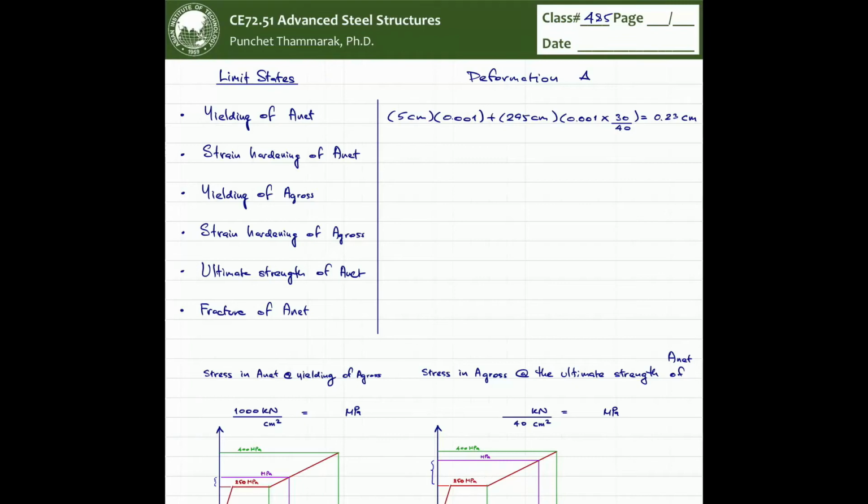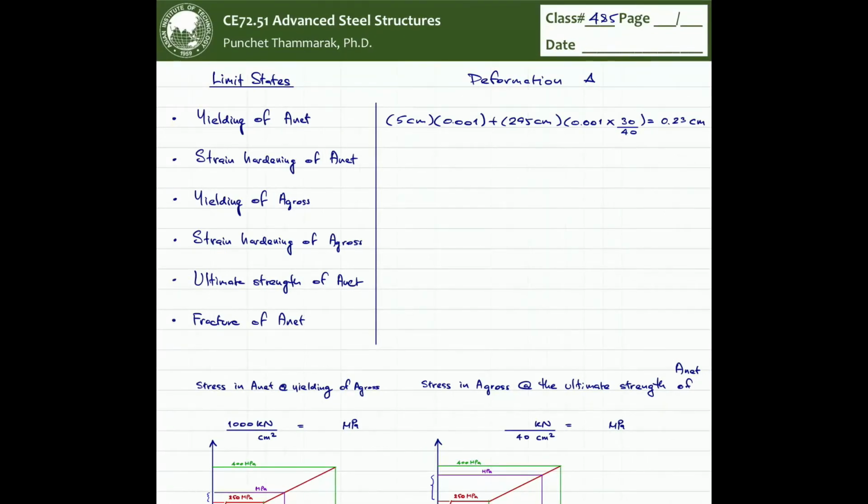And then strain hardening. So the whole thing gets copied down. Only just a 0 is removed, and that makes 0.27.